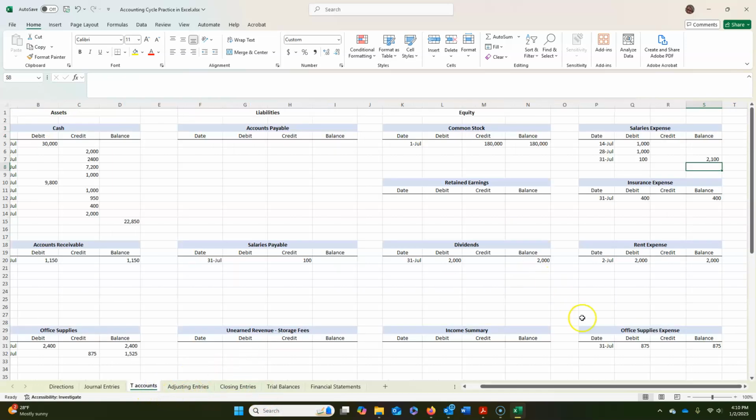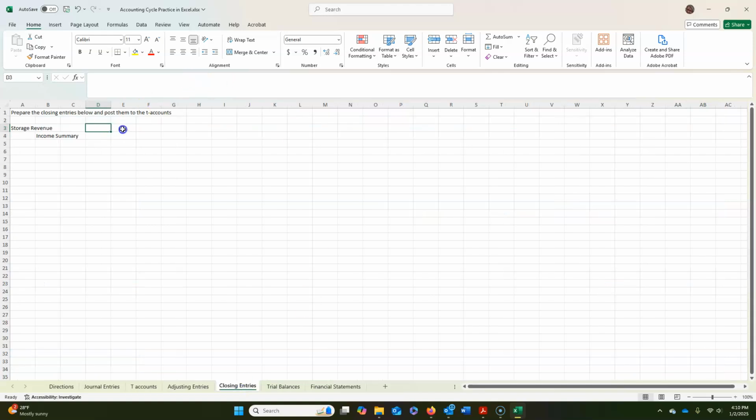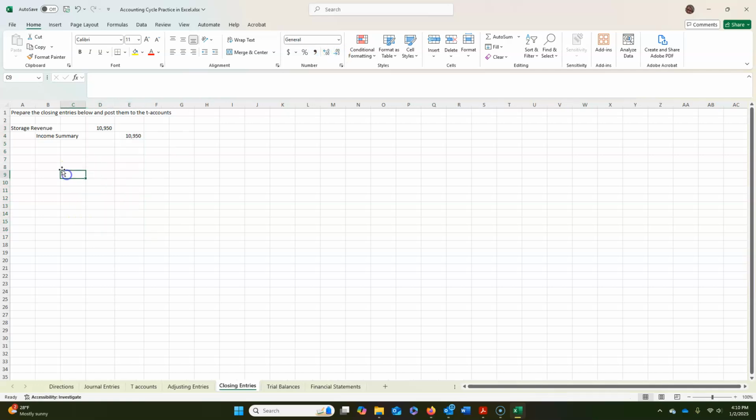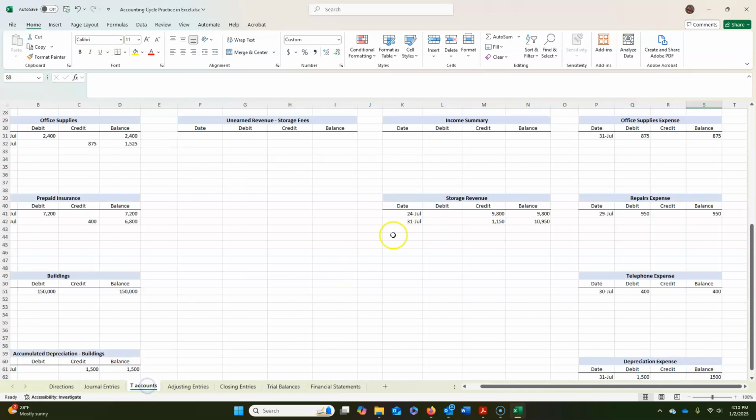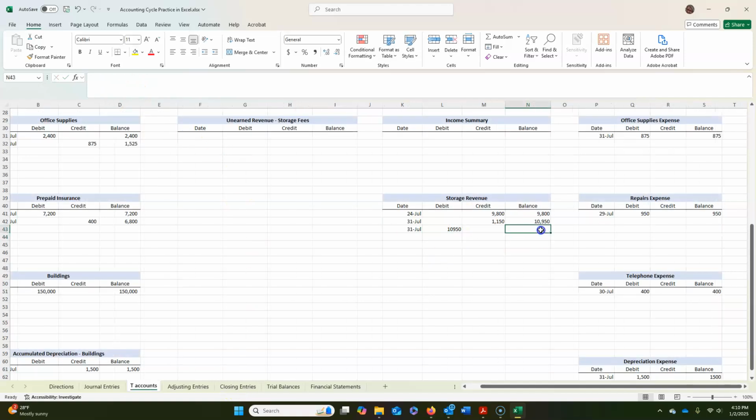So we look at our account, we have $10,950 there. So $10,950. Okay, so if we post that, we go back to our T accounts, and on July 31st, we are going to debit service revenue for $10,950.